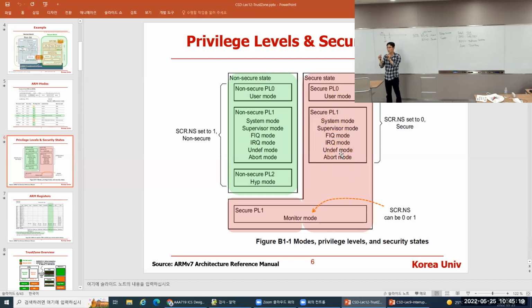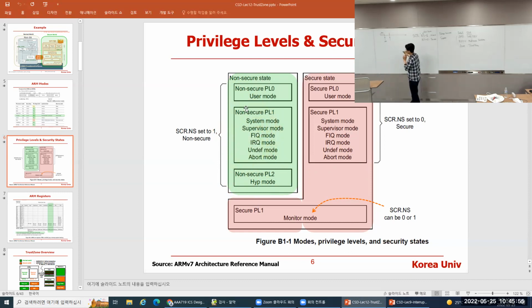You may run into an undefined instruction, or a data abort or prefetch abort. With software, you never know what's going on. In secure world, you run a full software stack. That is why, even in secure state, you need these different operating modes. And in normal world, you have these different operating modes, hypervisor support and OS support.